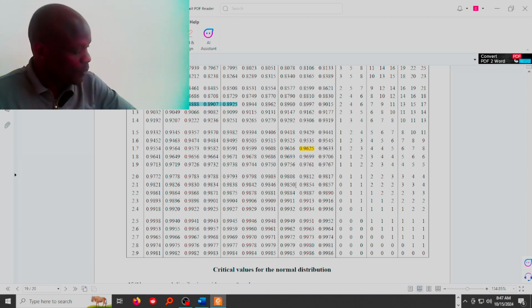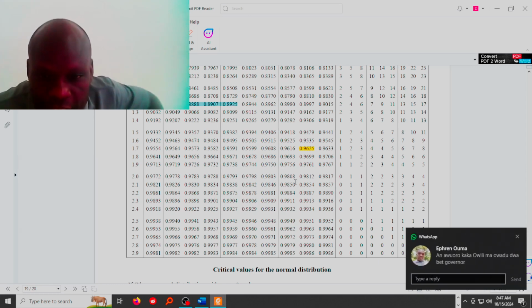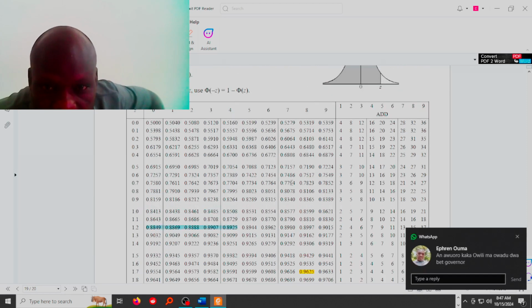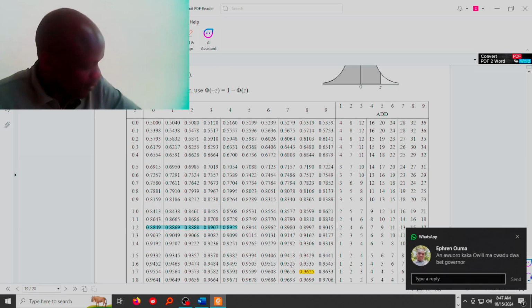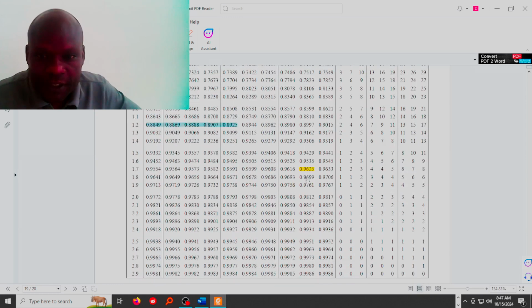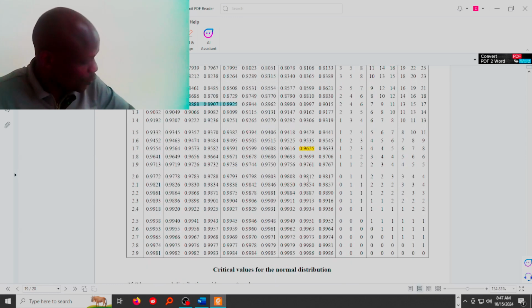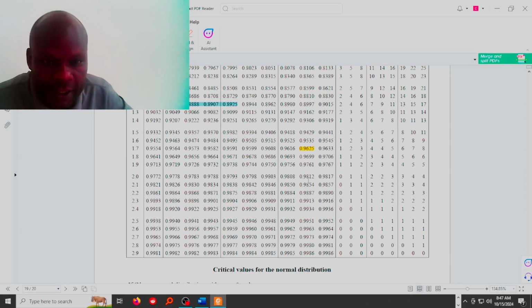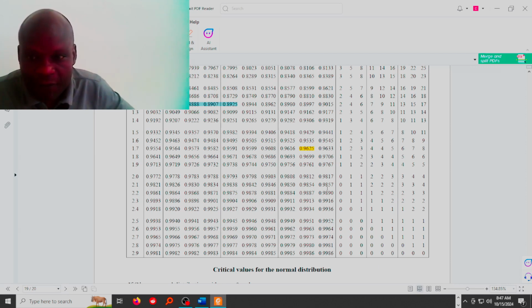So for this purpose, we would find 8, then move to 7. So 8 is here. This is the column for 8. So it was 2.18, which is this 7. So it's 0.9854. Then I again consider 7. Then I'll add this.